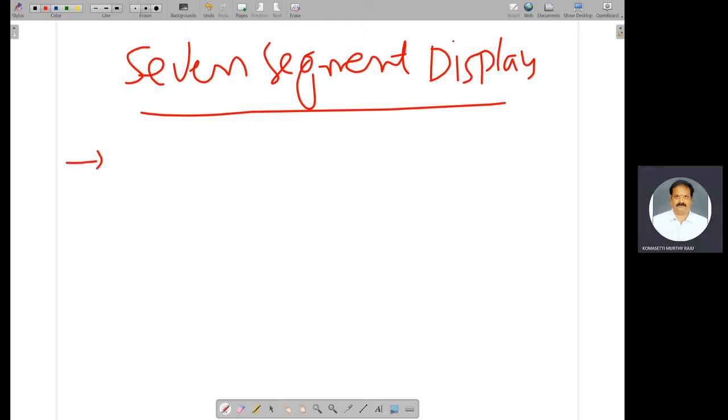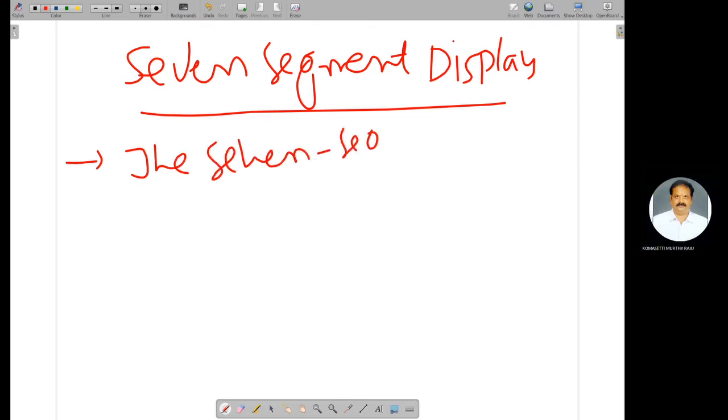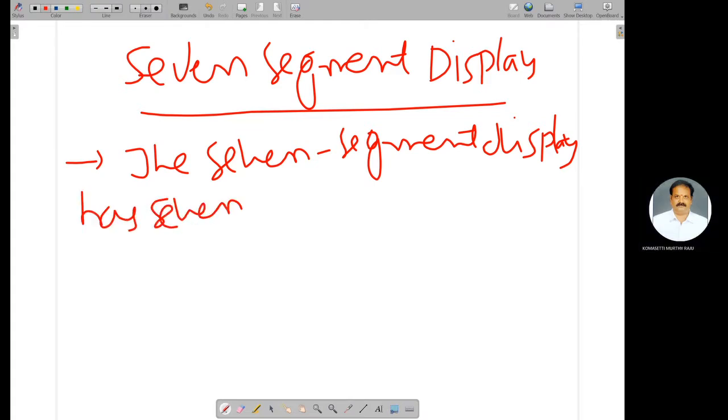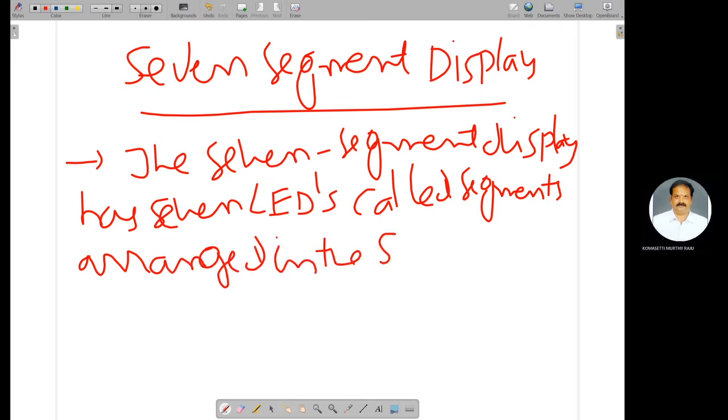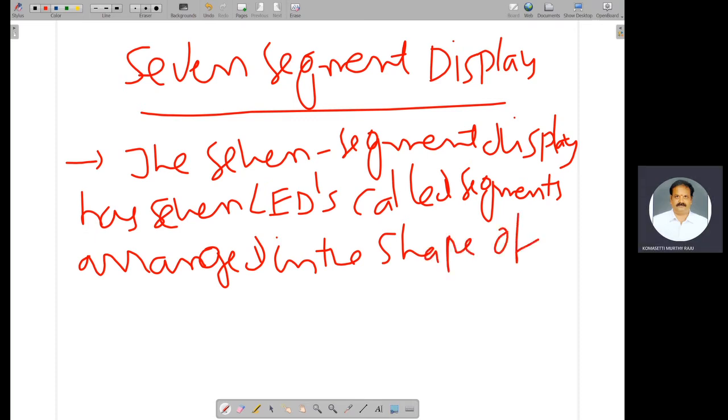One important point here is the 7 segment display has 7 LEDs called segments, arranged in the shape of number 8.